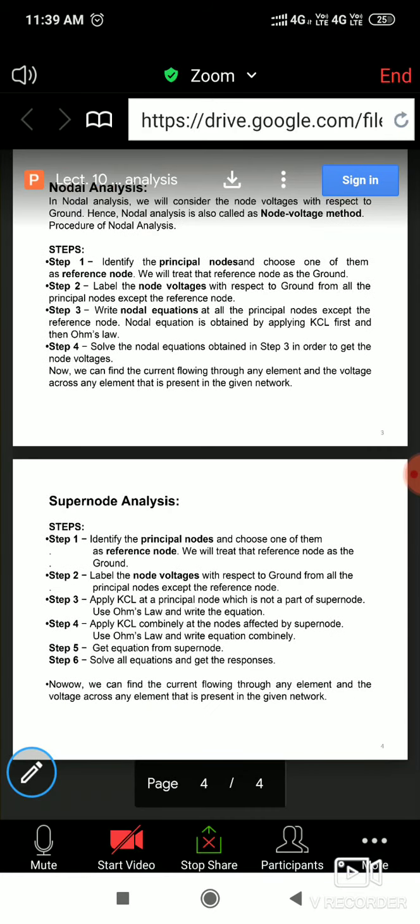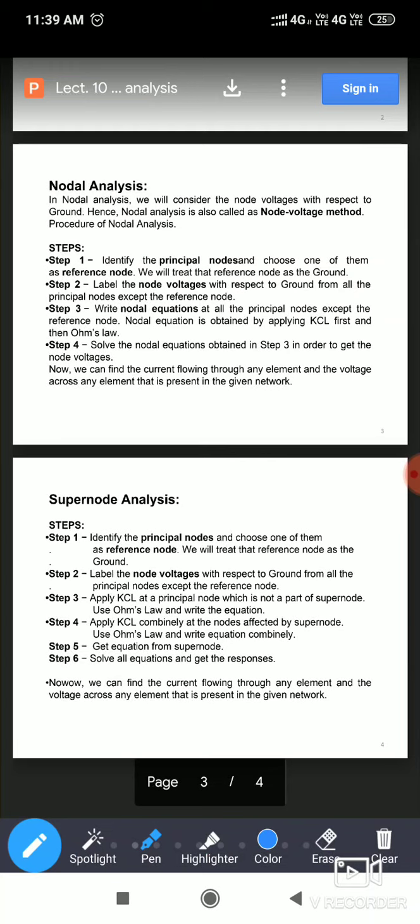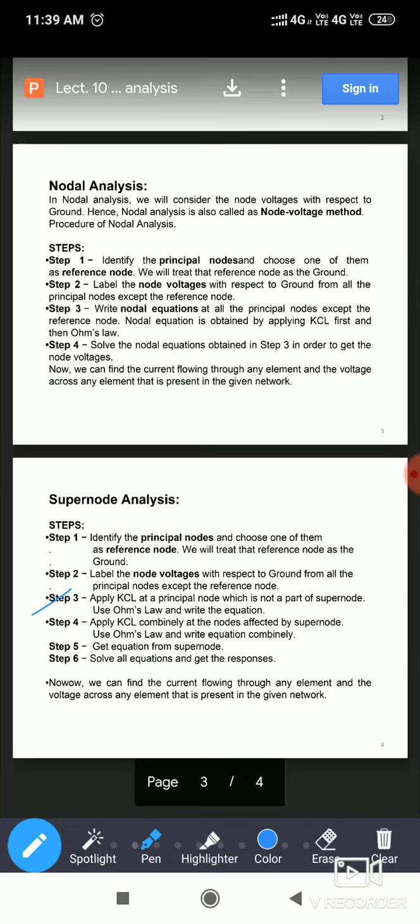Now step number 3. Step number 3 to 6, please listen carefully. Step number 3 is apply KCL at a principal node which is not a part of the super node. This is a very important statement. Remember, apply KCL at a principal node which is not a part of the super node.